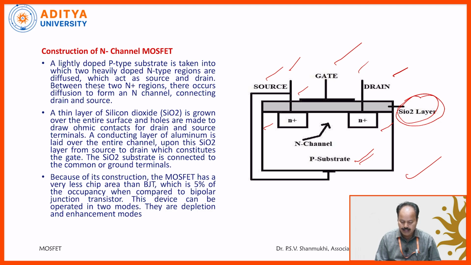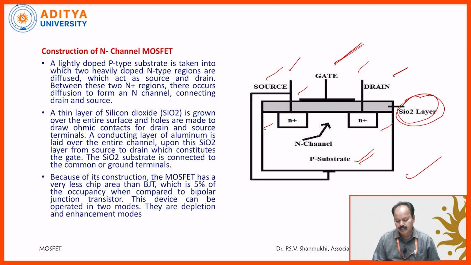On that one, again we are providing the silicon dioxide insulating layer, and on that we are providing the gate material, say one layer of aluminum, that is acting like the gate, whereas on the silicon dioxide two holes are drilled, and through those we are providing the two leads, ohmic contacts, acting as the source and the drain.